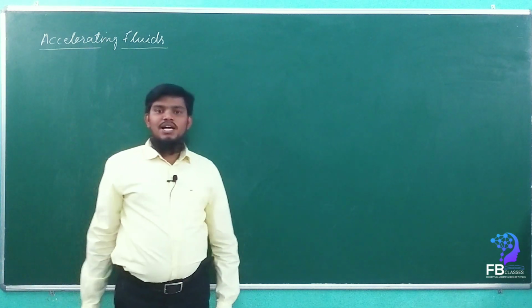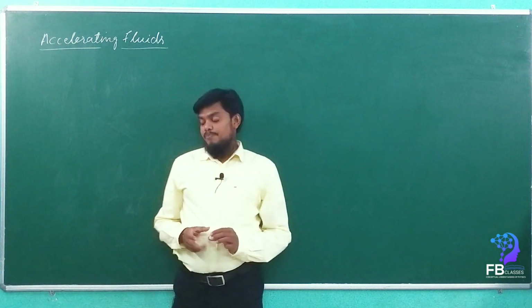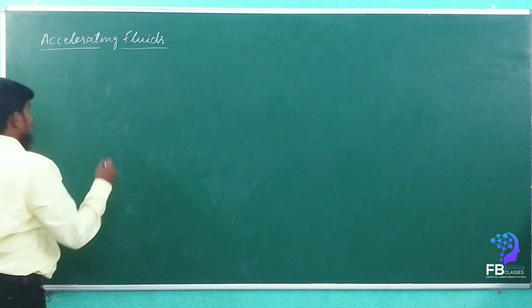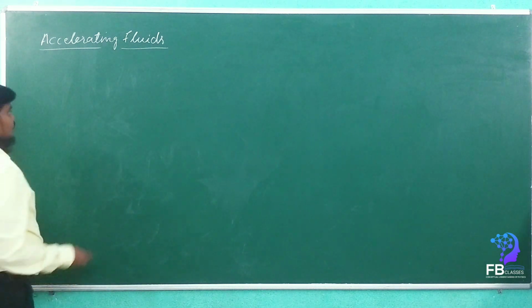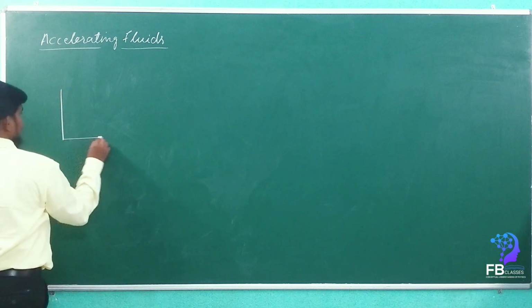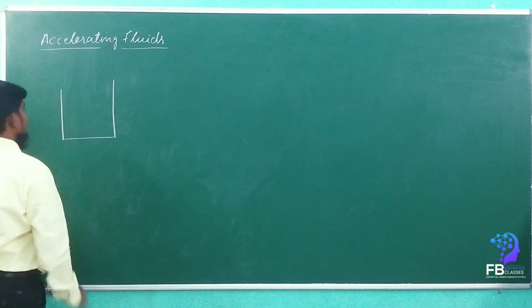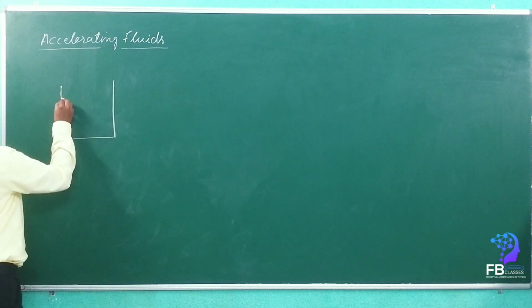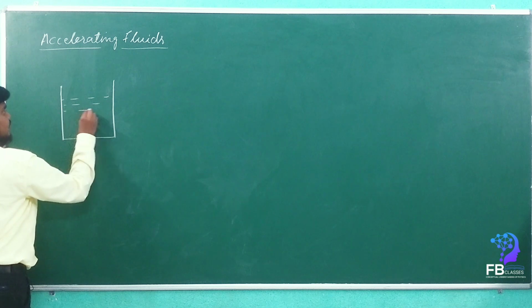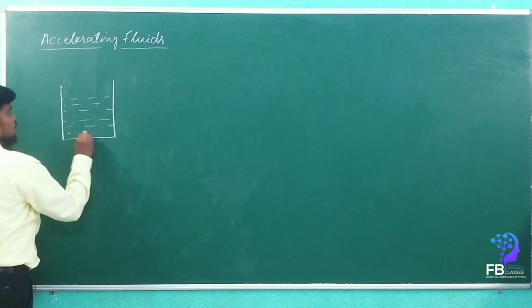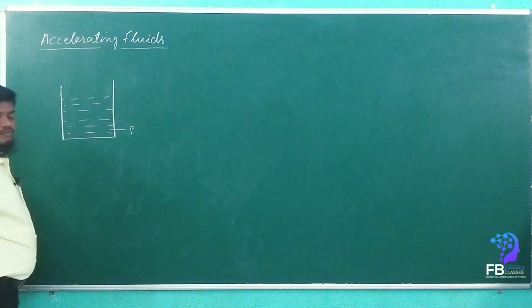In accelerating fluids, if you take a container, this container has a liquid whose density is rho.